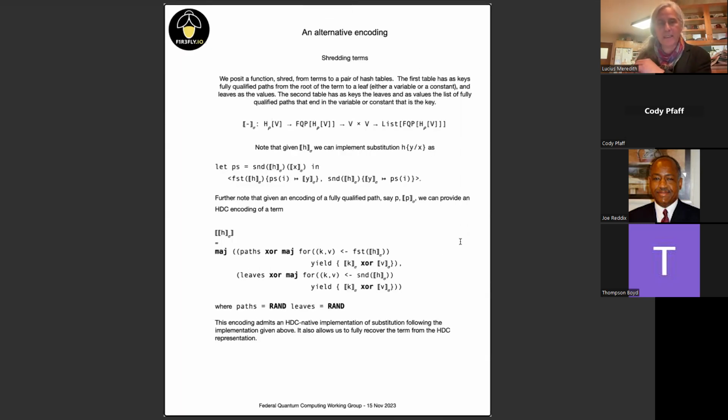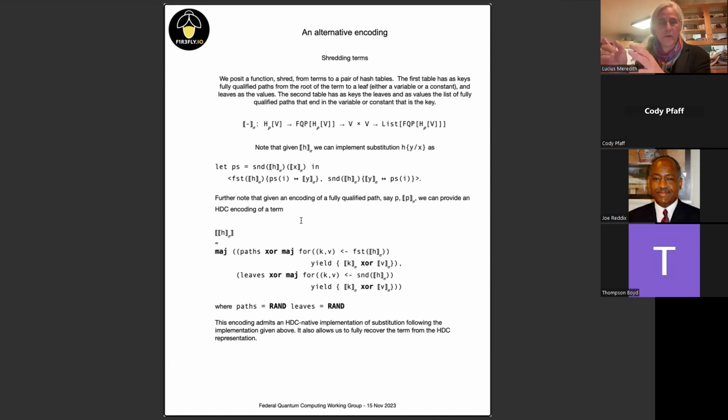In a real implementation, it turns out that you can shred a piece of syntax into paths from the root of the syntax tree down to the leaves, and then form two tables. In one table, the path is the key, and what's at the end is the value.